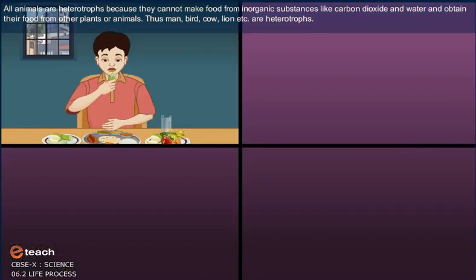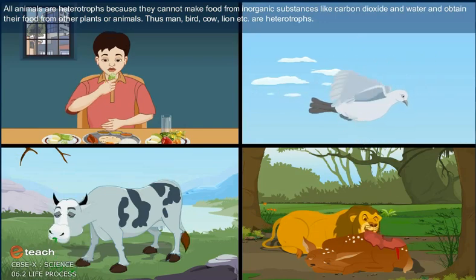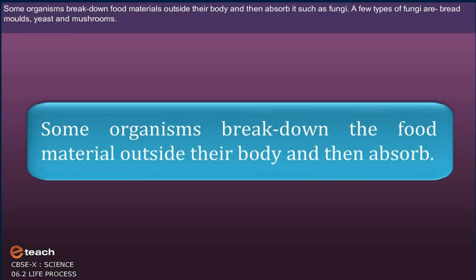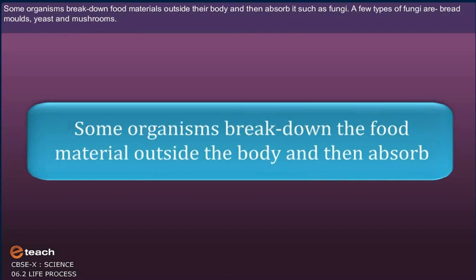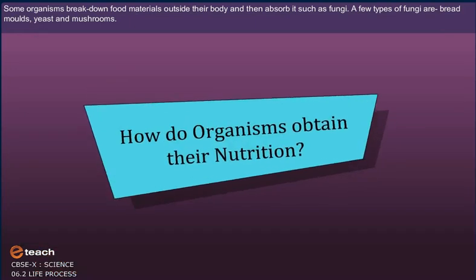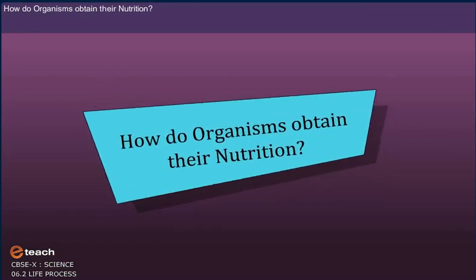Thus, man, bird, cow, lion, etc. Some organisms break down the food material outside their body and then absorb it, such as fungi like bread molds, yeast, and mushrooms. How do organisms obtain their nutrition?